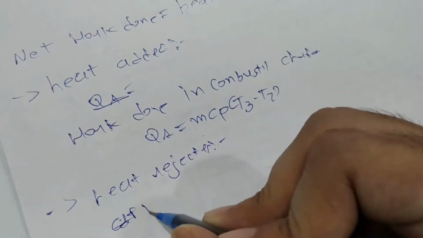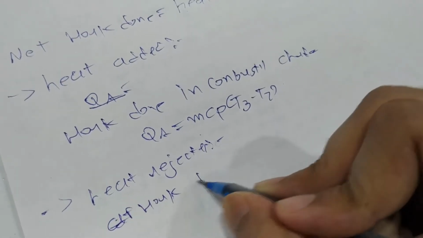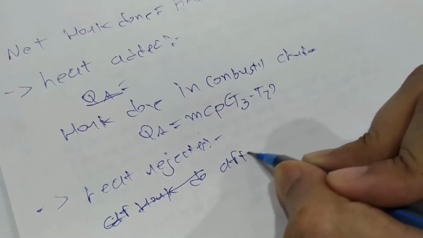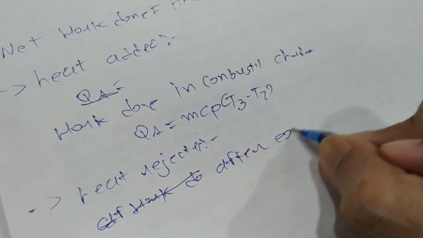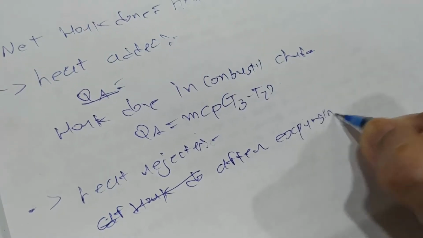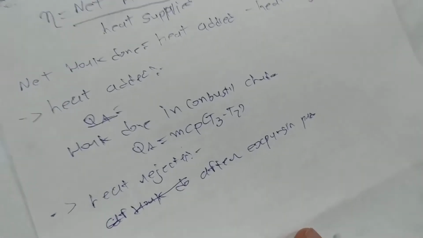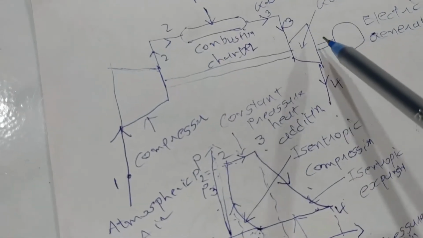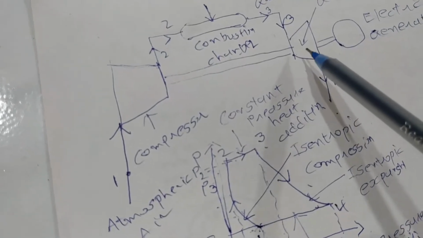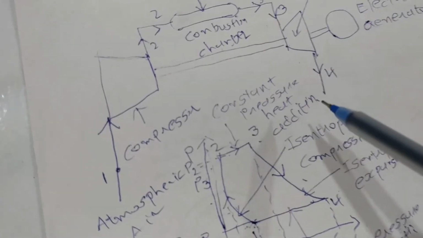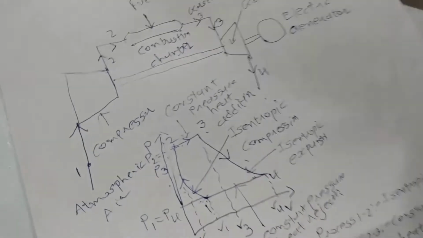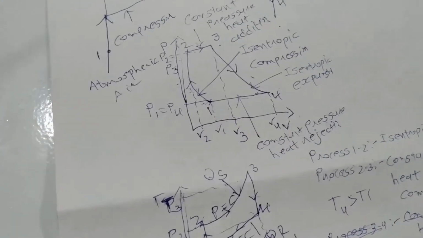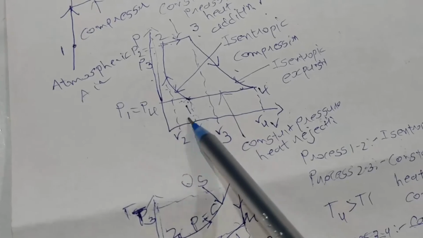This happens after the expansion process, when the gases expand in the gas turbine, go to the atmosphere, and reject the heat. If we look at the TS diagram, it is 4 to 1.